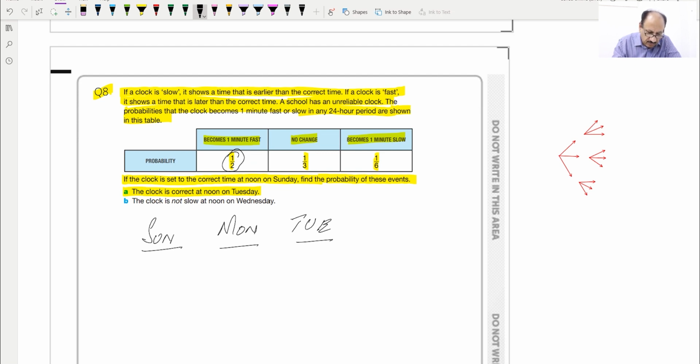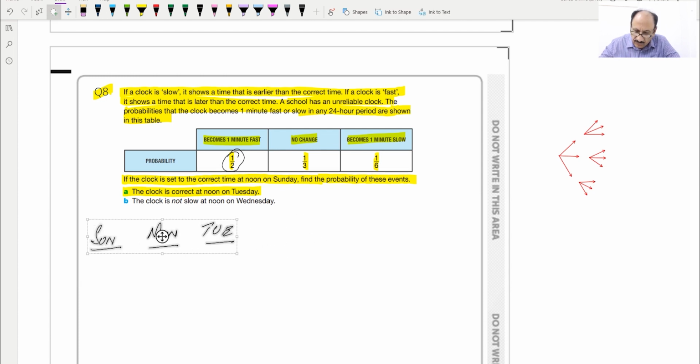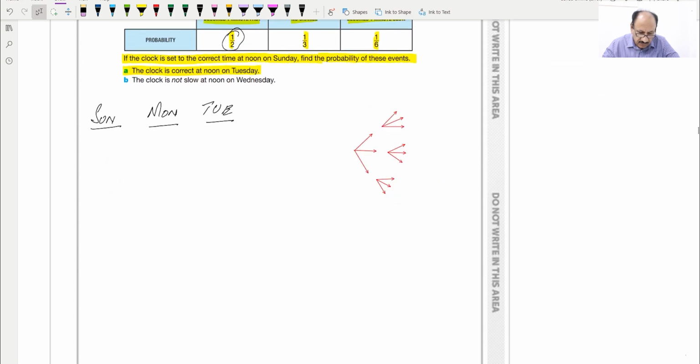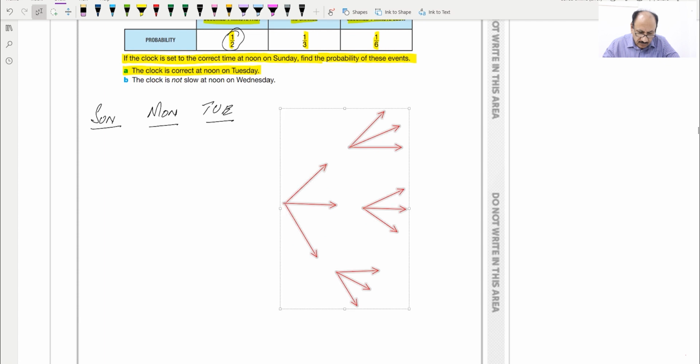First of all, we will draw a tree diagram so that we can understand it properly. So what I will do, I will reduce this and move it here, and we can draw a tree diagram. And I have just drawn a tree diagram here. If we understand the situation, it is like this.